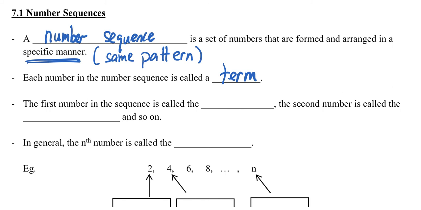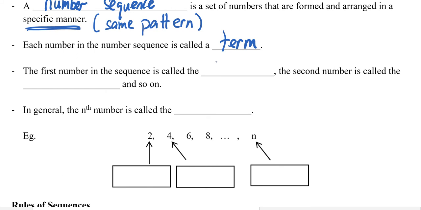The first number is called this. Can you write down a 1 below, like a small 1 at the bottom? So what is this called? This is called term 1 or first term.